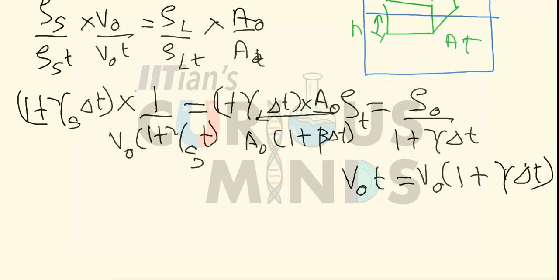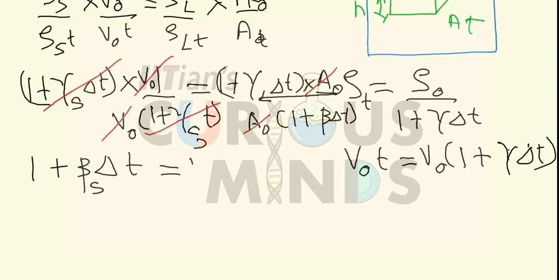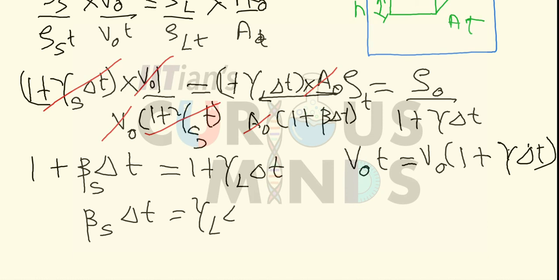So V naught and V naught will get cancelled out, 1 plus gamma delta T will get cancelled out, A naught will get cancelled out, leaving 1 plus beta delta T. This beta for the solid will be equal to 1 plus gamma for the liquid into delta T. So 1 minus 1 will also get cancelled out, beta for the solid into delta T will be equal to gamma for the liquid into delta T. So delta T and delta T will also get cancelled out.